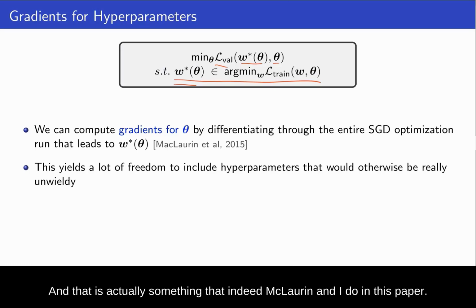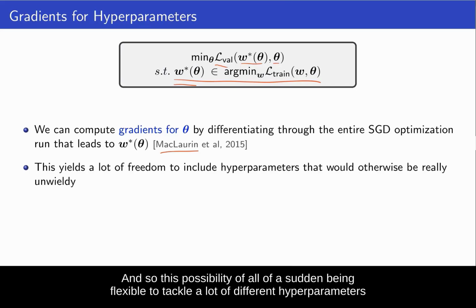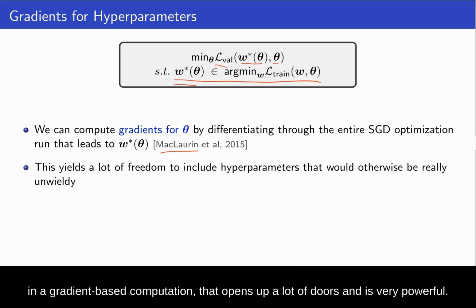And that is something that McLaurin et al. do in this paper. And so this possibility of being flexible to tackle a lot of different hyperparameters in a gradient-based computation opens up a lot of doors and is very powerful.